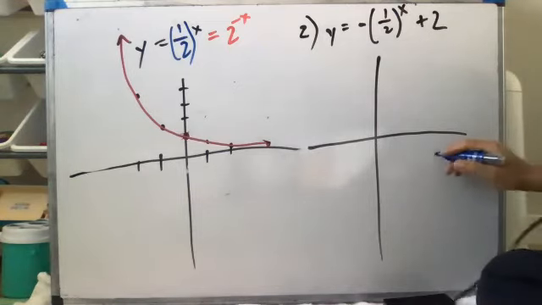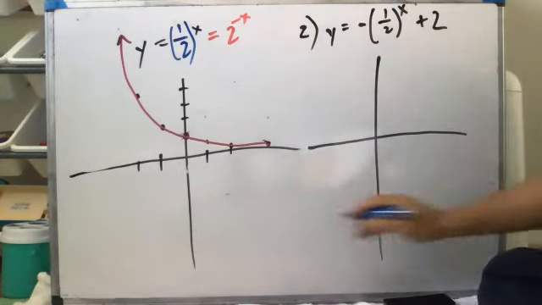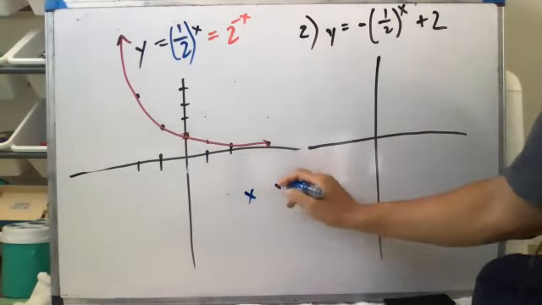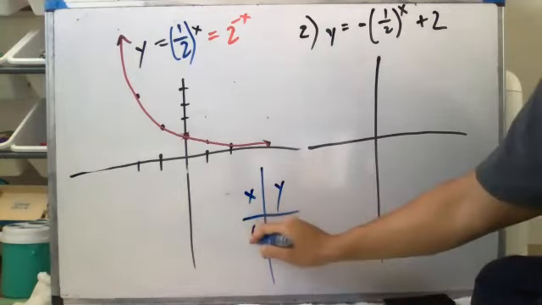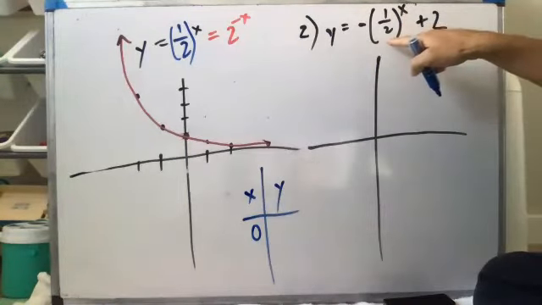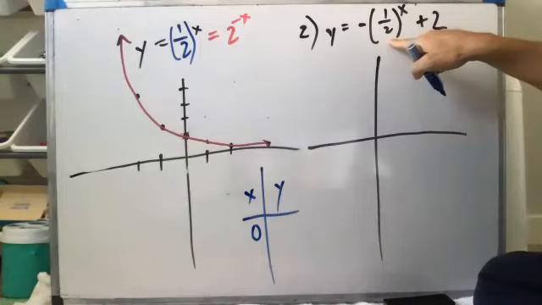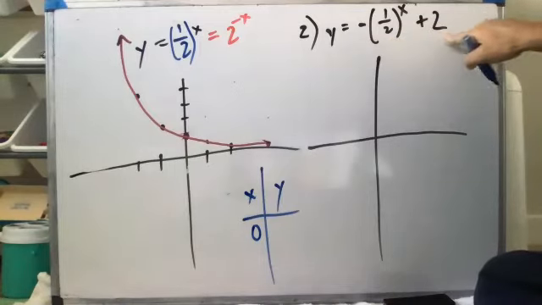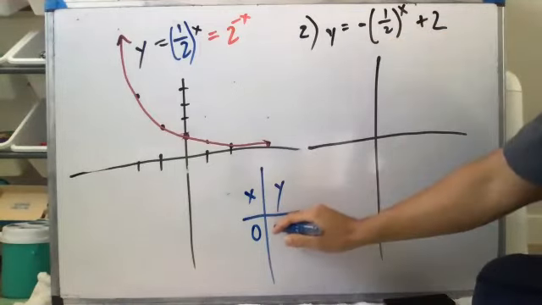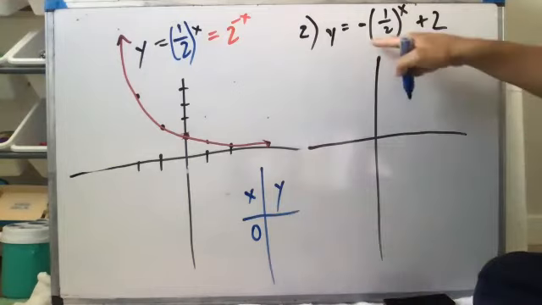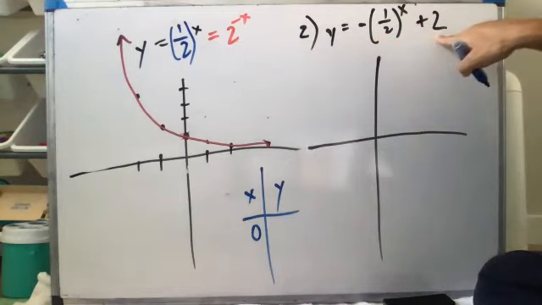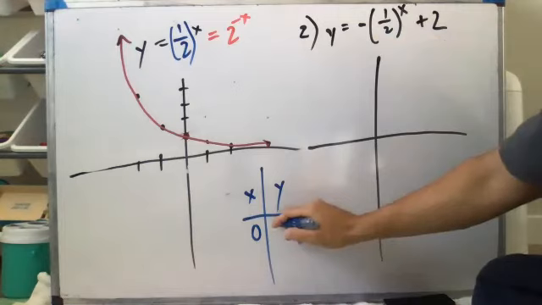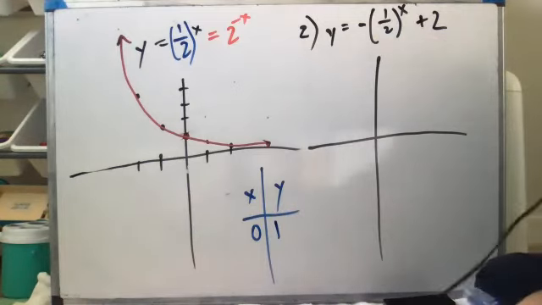Let's see what happens. So let's make a quick table here. Here's x, y. So if I plug in 0, this is going to be a 1, but -1, right? +2 is going to give me +1. Wait, did I calculate that correctly? -1 plus 2 is +1. Yeah, that's right. +1.